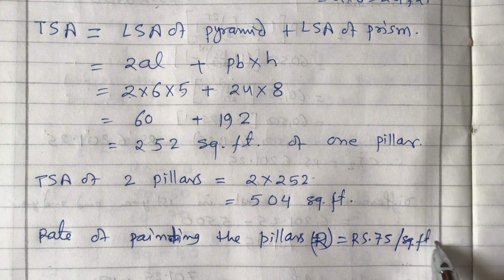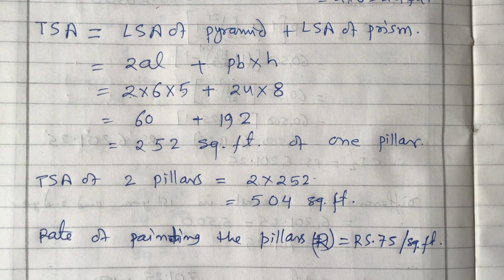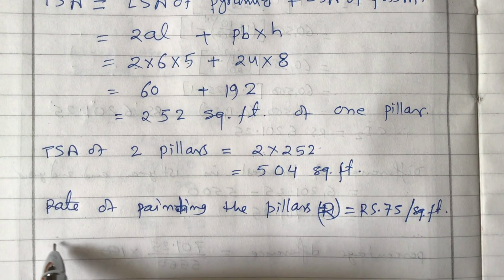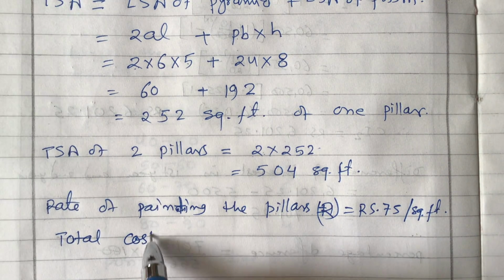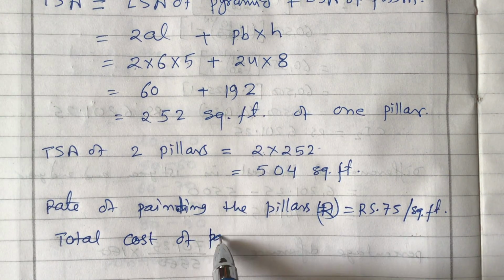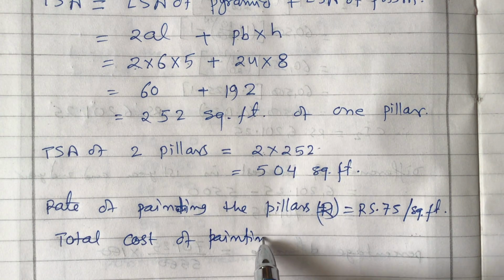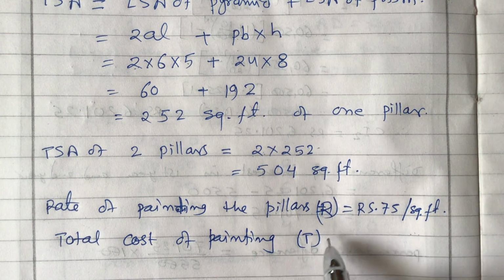It is given to us. Okay, rate of painting is 75 per square feet. So now we need to find the total cost of painting, T, we are asked to find.